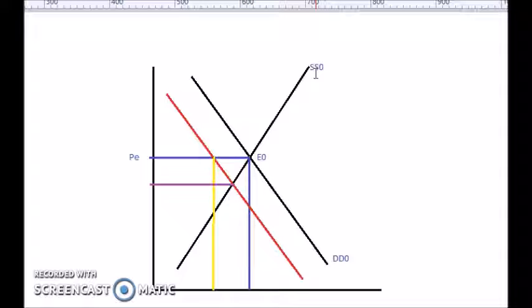So incomes are less than the production costs. And because of this, our price decreases. Now, as we know, our demand curve is negatively related to price. So as prices increase, demand decreases, and as prices decrease, demand increases.